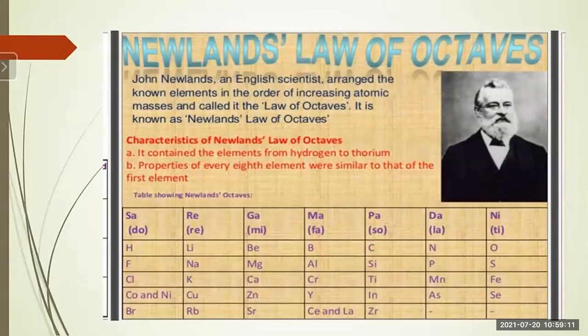About the limitations, it had no place for newly discovered elements, and some of the elements were placed in the same slot along with elements having properties other than theirs. And elements having the same property, like iron, which is similar to cobalt and nickel, were placed far away from each other. So this was the limitation of Newlands' law of octaves.